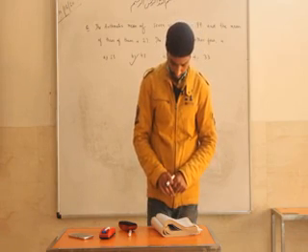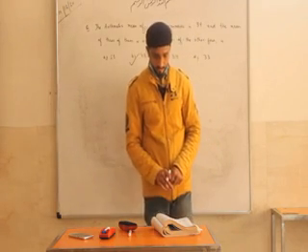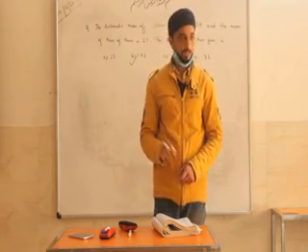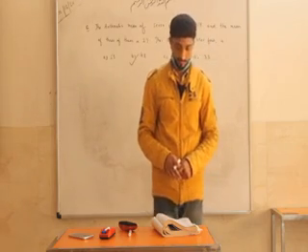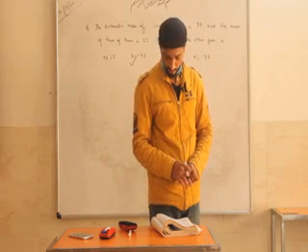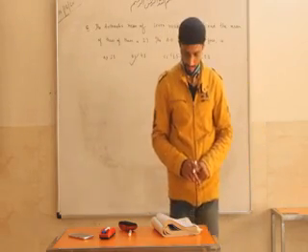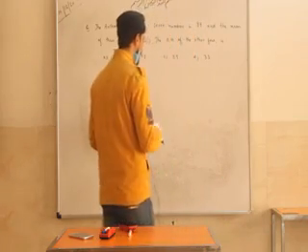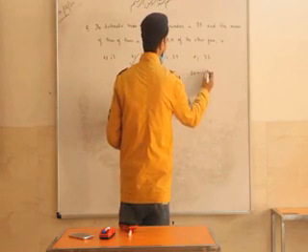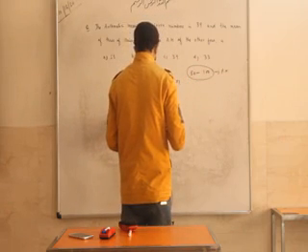Write one question: the median of the prime numbers between 50 and 100. You will do this at home because it takes time to find the prime numbers. First you have to find the prime numbers between 50 and 100, then find the median.